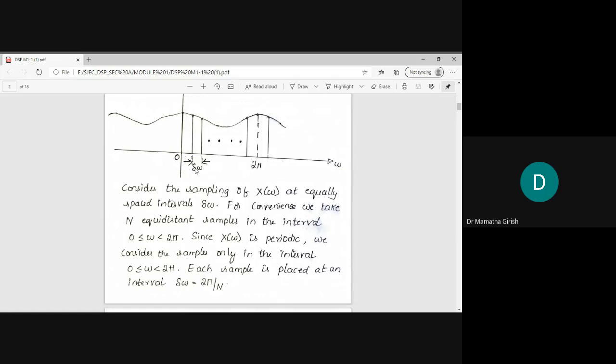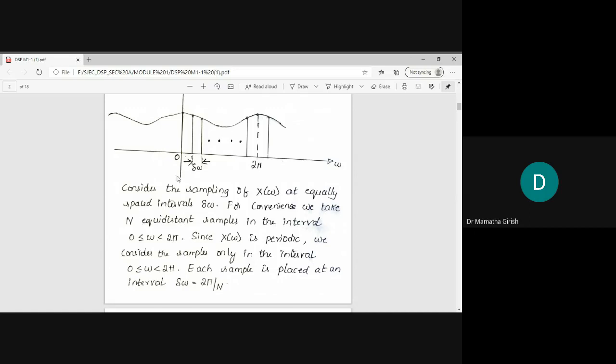What is the value of delta omega? We will look at it sometime afterwards. We do the sampling operation assuming that there are capital N equidistant samples in the interval 0 to 2 pi. The total number of samples in the interval 0 to 2 pi is capital N.